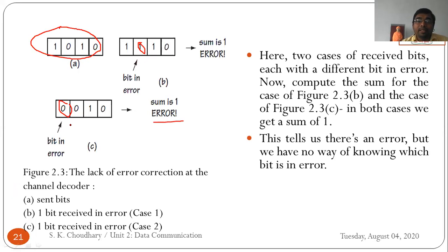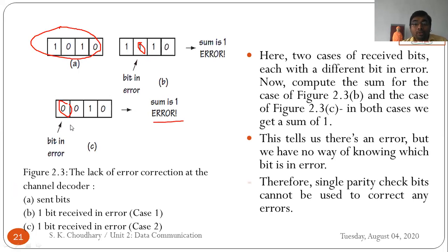So there is another limitation of the single bit parity check: it is not able to find out the position of the bit where the error occurs, and if it is not able to find the position, it is not able to correct the error, because if it is unaware of the position of error, it would not be able to correct this. So the error correction capability of single bit parity check is again limited. Okay, so this could only be used for detection of error but not for the correction of error.